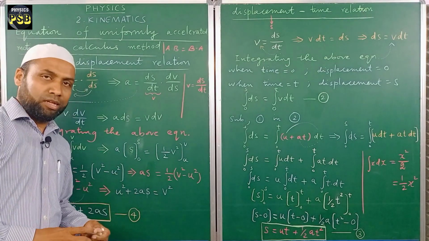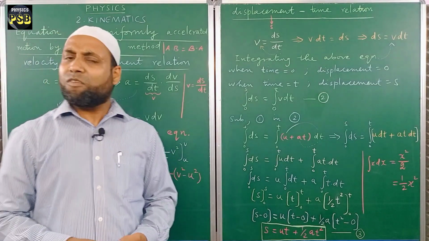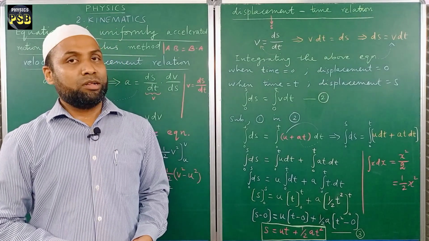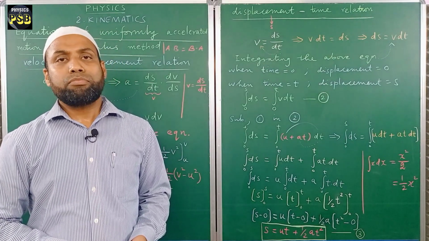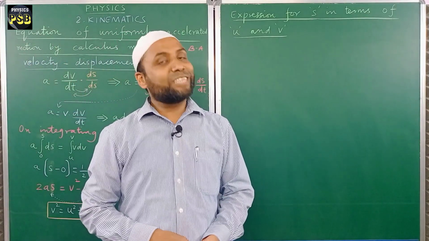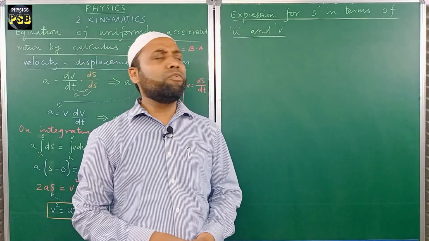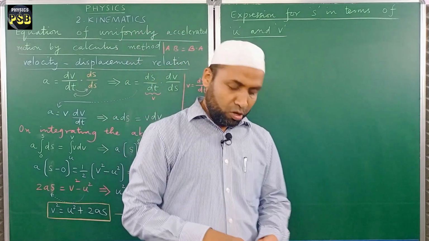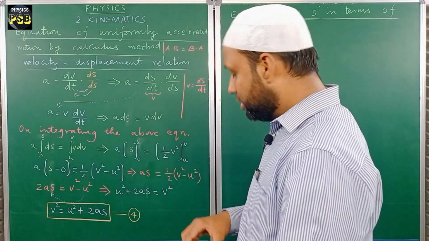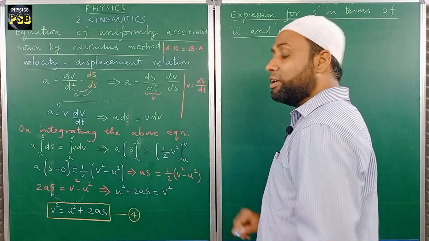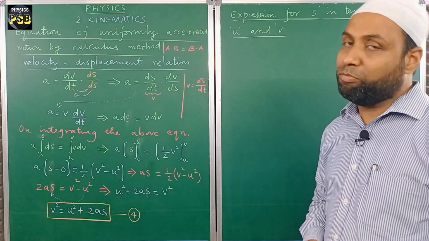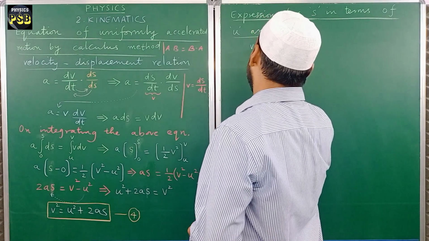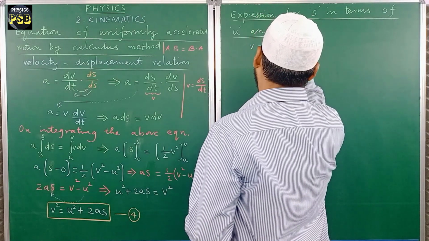So these three are the equations of motion. They are otherwise known as kinematic equations of motion. We can also derive the expression for s in terms of u and v. Let me show you how it can be done. For this, I take the first equation of motion, which is nothing but v equals u plus at.